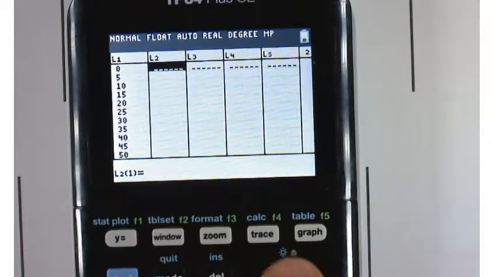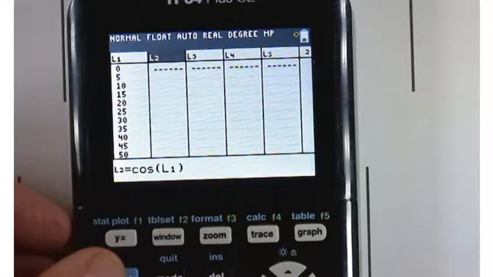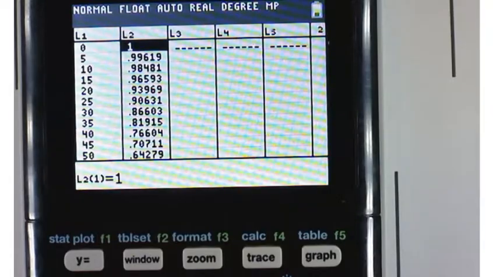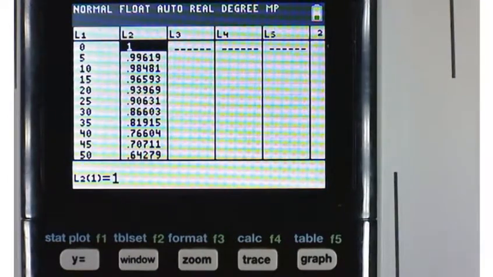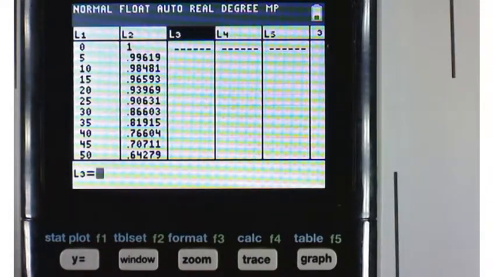I'm going to take this second column, see if I can't take the cosine of the first column, so that'd be L1. Now that's just the cosine. What's going to happen when we look at the reciprocal of that? Well, the reciprocal of that, let's do that here, 1 divided by what I have in column L2.